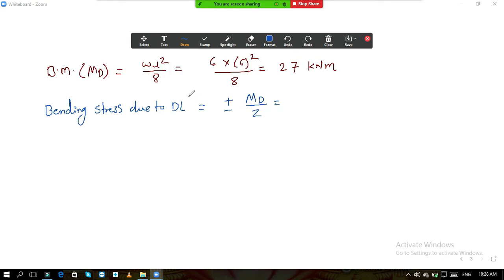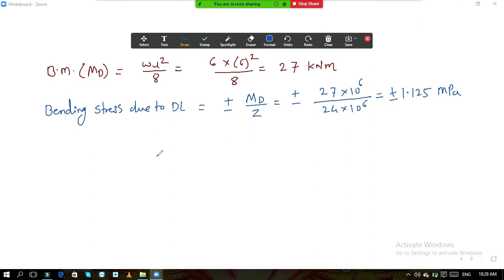Okay, so sagging is there, so at top compression is there, at bottom tension is there. So plus minus, it is 27 into 10 raised to 6 divided by 24 into 10 raised to 6. So you will get the answer as 1.125 plus minus 1.125 megapascal, that is Newton per mm square. This is the bending stress due to dead load.